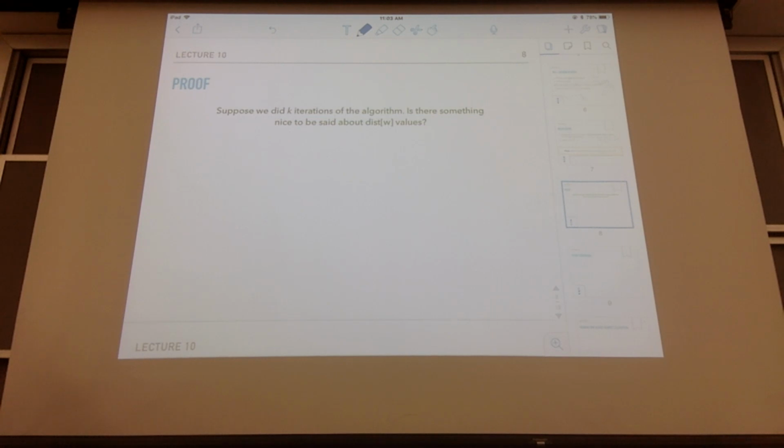We know the shortest path for all nodes up to depth k. Okay, so what he's saying is, this is a good guess, right? So you look at the original graph and you've got a bunch of vertices at every depth.